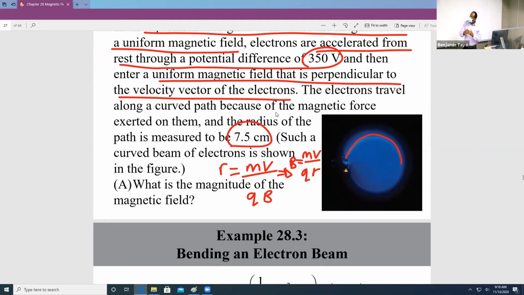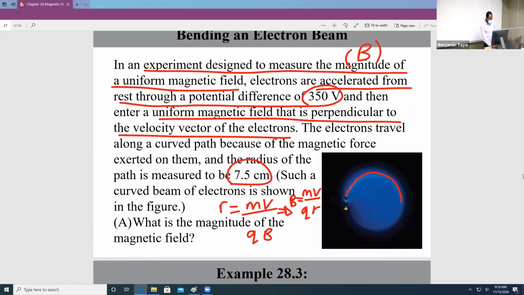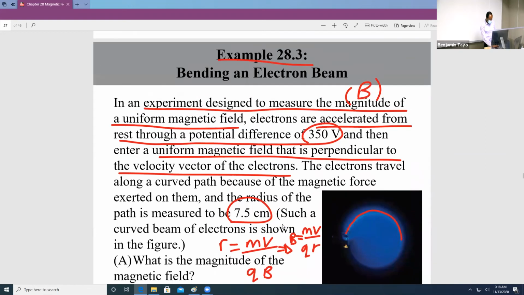And it says that the electrons are accelerated through a potential difference of 350 volts. So if you remember what we said, we take Q times delta V. So Q times delta V gives me an energy, and this energy, you can write that as 1/2 mv squared.